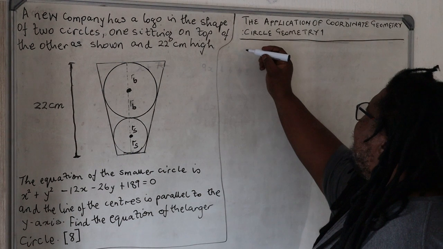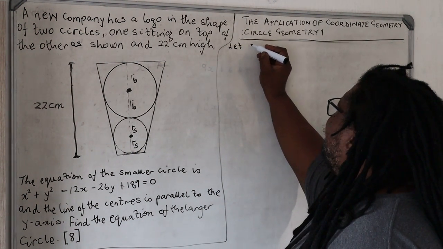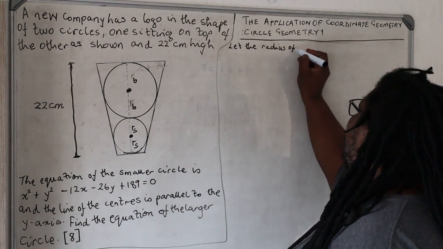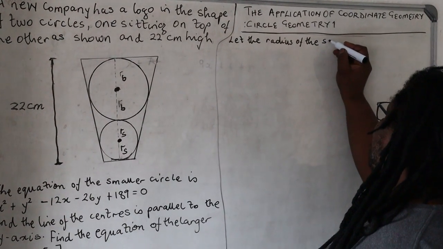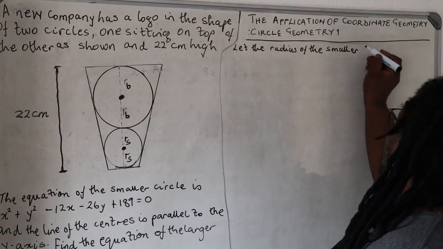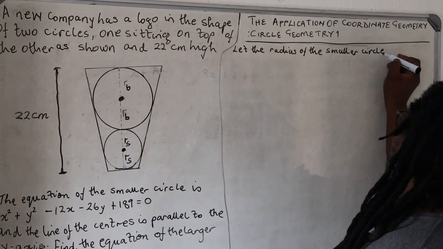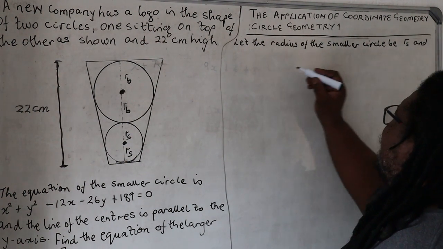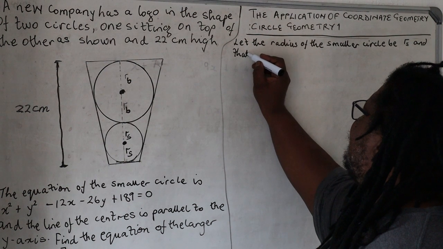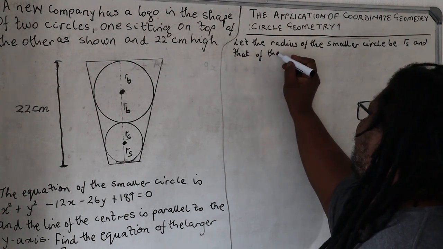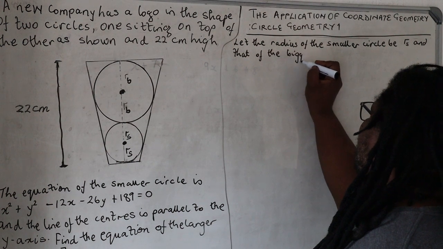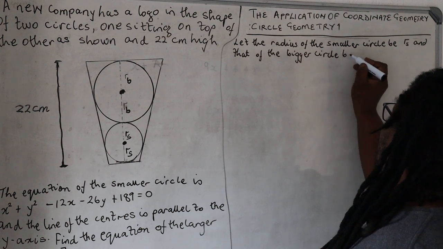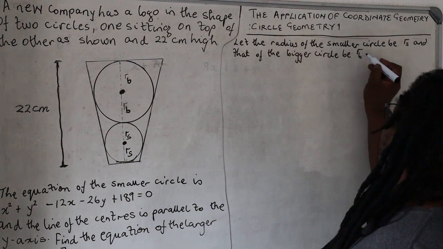So we can say let the radius of the smaller circle be RS, and that of the bigger circle be RB.